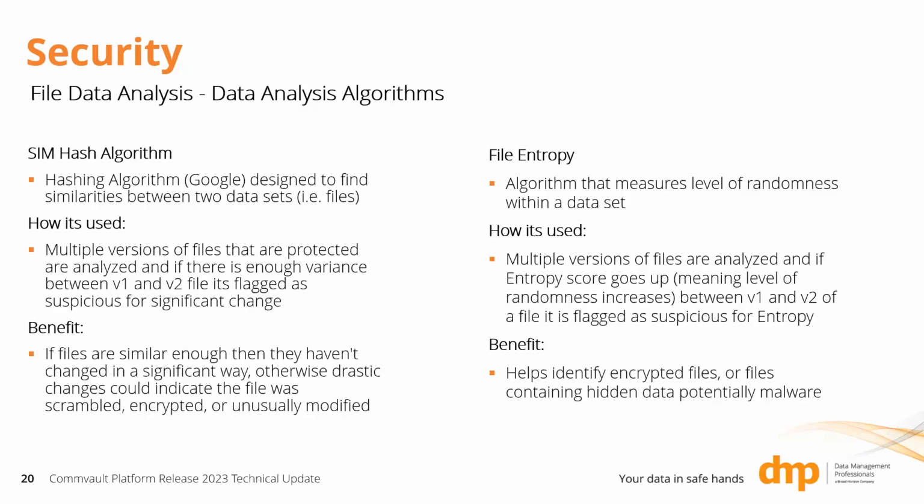Regarding the performance, some information from Commvault. Commvault did some internal testing, and 1 million infected files took about 2 to 3 hours to process. Just to give you a little bit of an idea of the performance you can get here for the scanning.